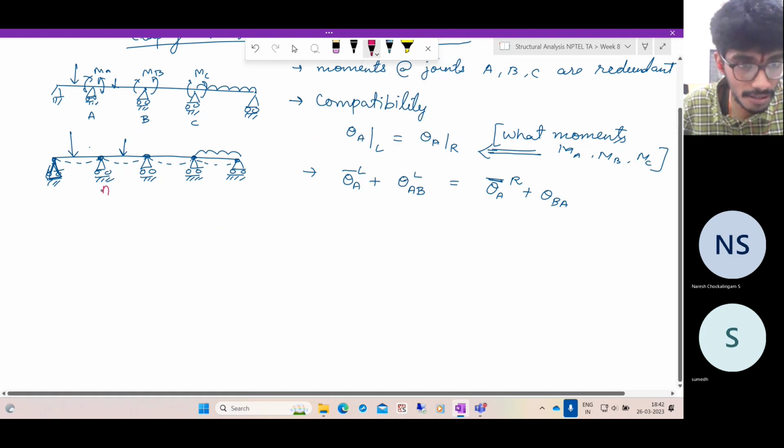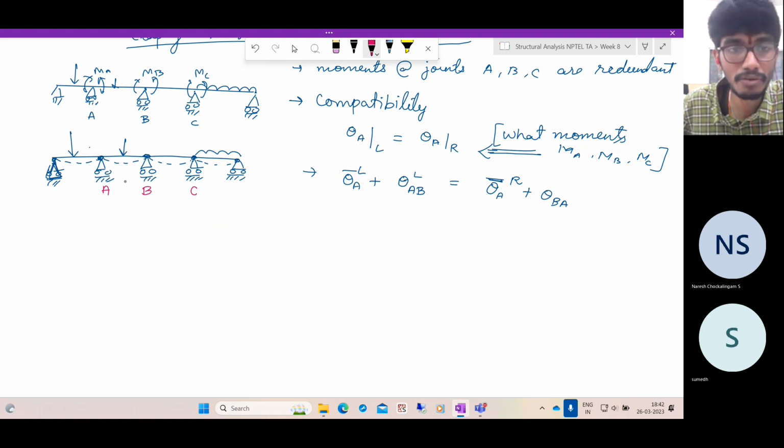If you have 3 joints like this, at a time we need to consider only 3 moments. We will get a full coupled system, but each compatibility equation will involve only 3 moments at a time. That offers a computational advantage when the problem size is very big.